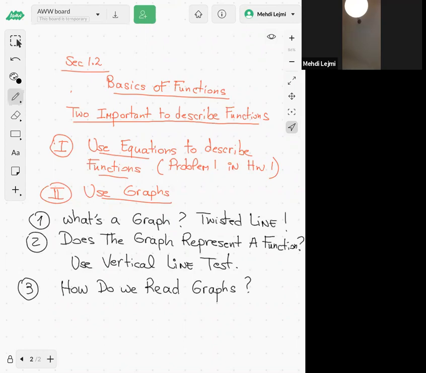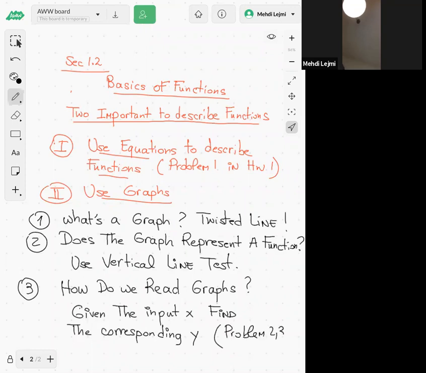And so the idea was, if I give you my input X, you need to find the corresponding output Y. So given the input X, we need to find the corresponding output Y. So this is part of problem 2 and 3 in the homework. Anyway, so we are done with this.